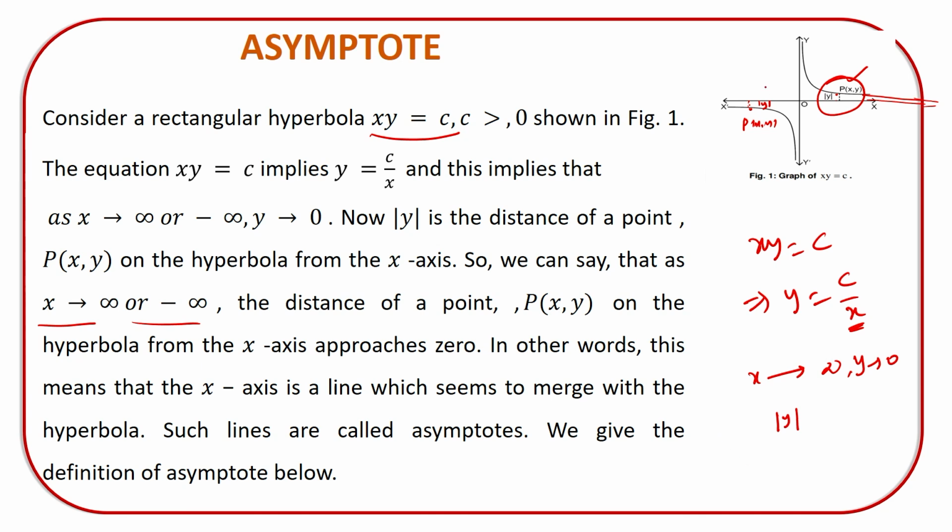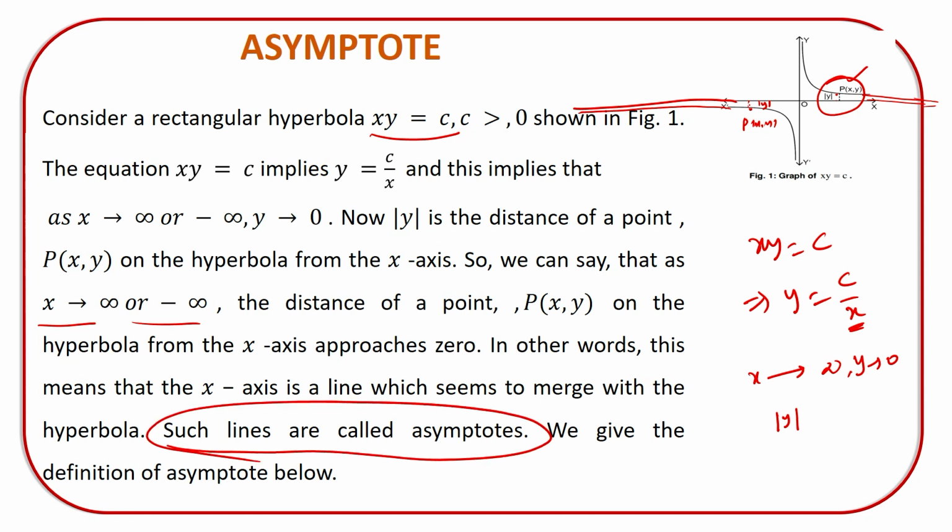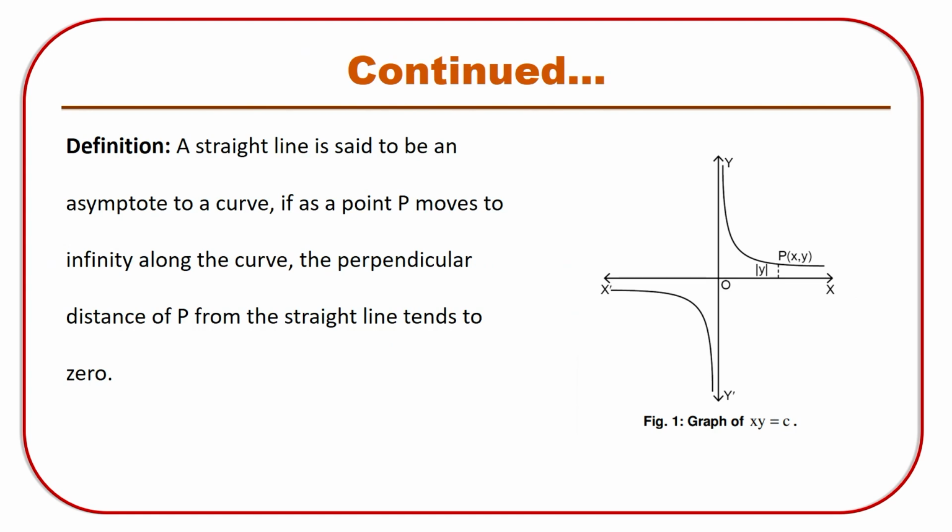Looking at this here, it seems that the x-axis is going to merge with the hyperbola, and that is what such lines are called: asymptotes. We give the mathematical definition of an asymptote here. First of all, an asymptote is a straight line.